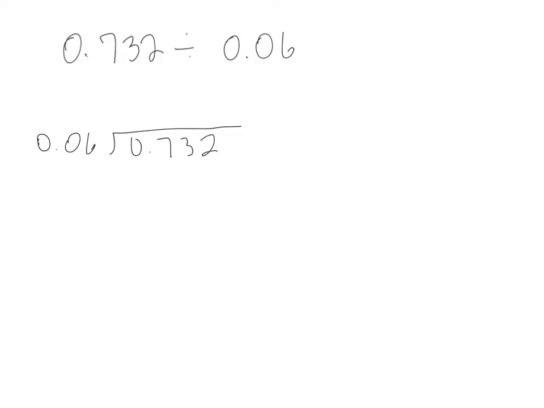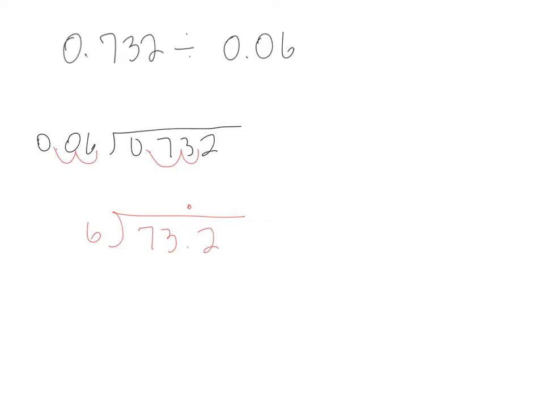So remembering we want to move that decimal point. If we multiply 6 hundredths by 100, or move it twice, it gets to be a whole number of 6. But we have to do the same thing to our dividend. So now I'm going to rewrite. So we have 73 and 2 tenths divided by 6.